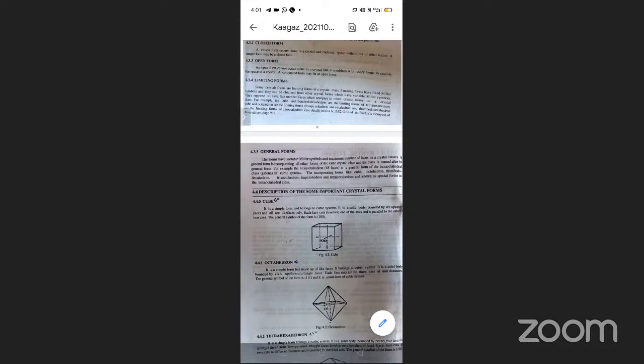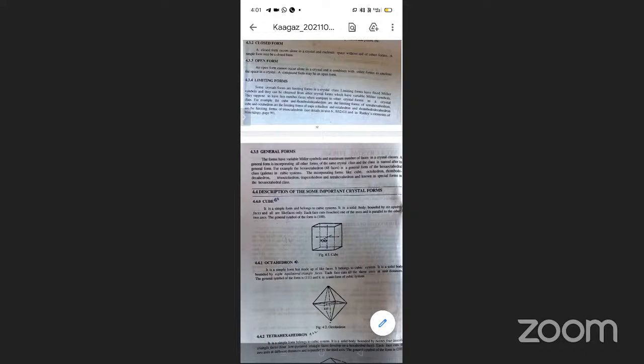In the orthorhombic system, all three crystallographic axes are different in length, but the angle is definitely 90 degrees between each.